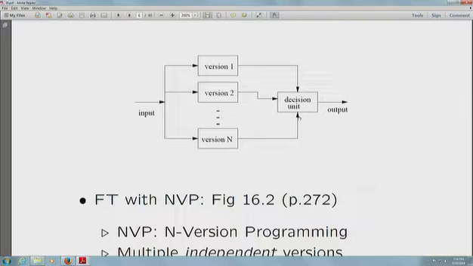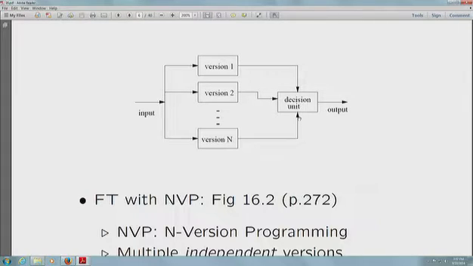Maybe that's the correct answer. If they did it independently and they come to the same conclusion, they are more likely to be the correct answer. So in this case, my decision unit basically says as long as at least 2 agree, I can give that one as a result.